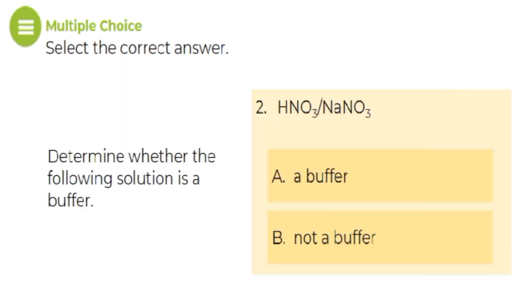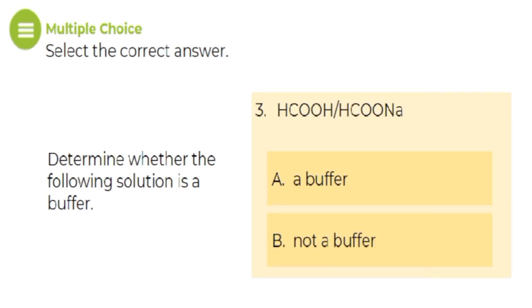Number 2. Determine whether the following solution is a buffer. HNO3 and NaNO3. Is it A, a buffer, or B, not a buffer? Number 3. Determine whether the following solution is a buffer.